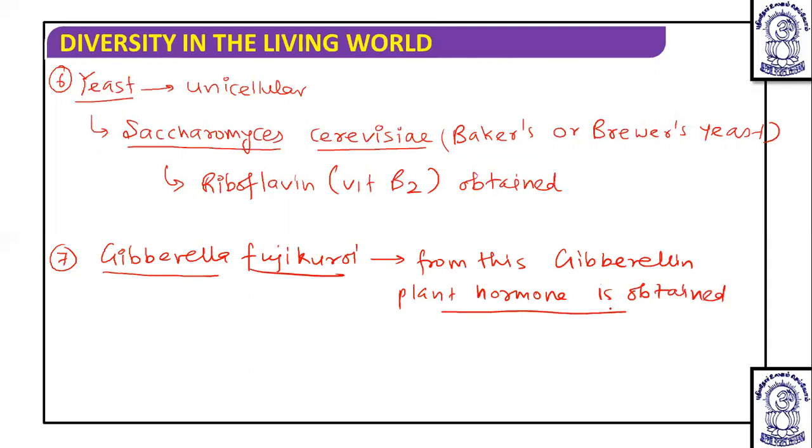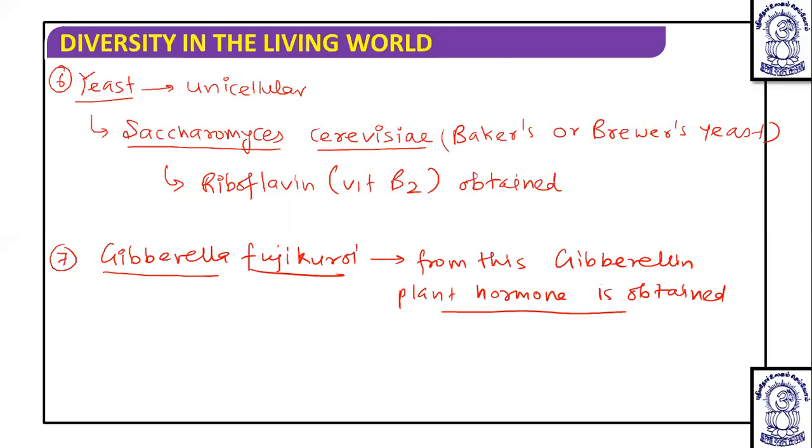Okay, so this is one of the important points. Now after this we will again discuss Gibberella fujikuroi in relation to the Deuteromycetes when we study Deuteromycetes. Okay, so I hope you have understood this part.